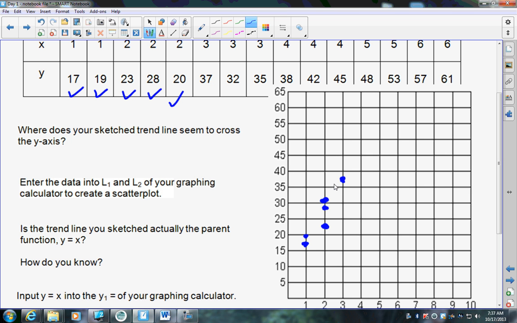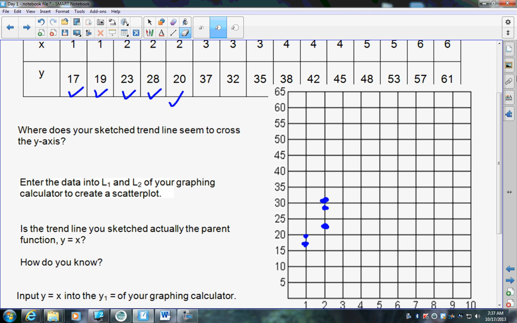Yours says what? 2 and 28. 2 and 20. What was I looking at? Let me go back. All right, so I had 1 and 17, 1 and 19, 2 and 23, 2 and 28.